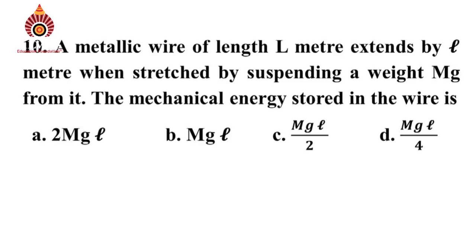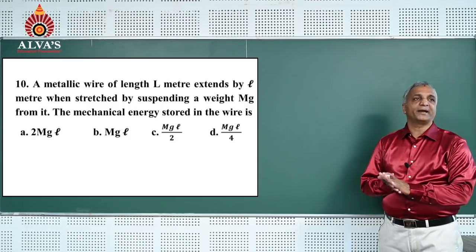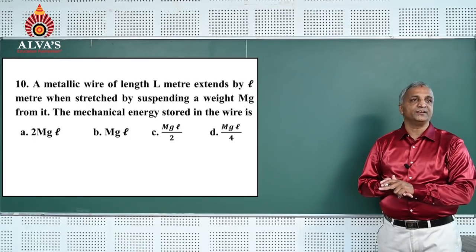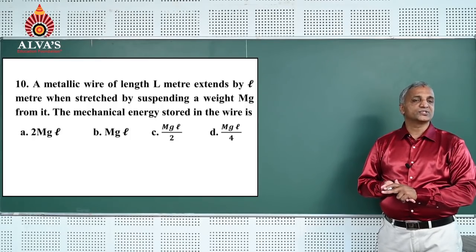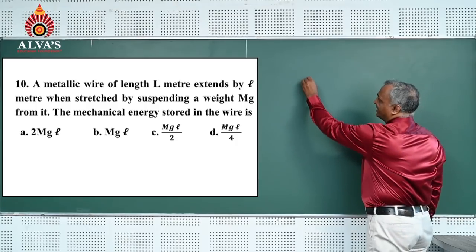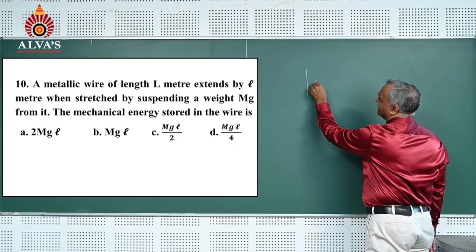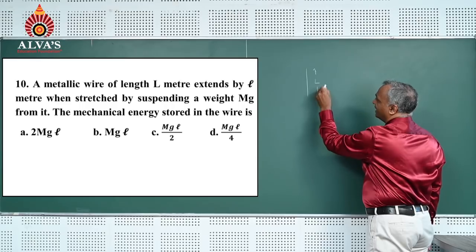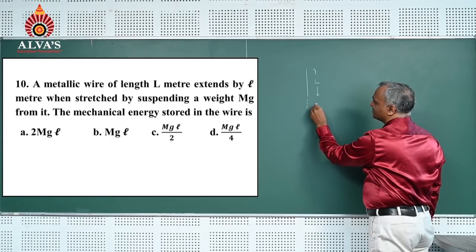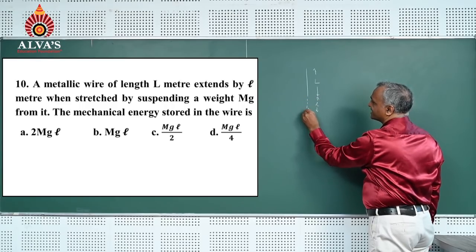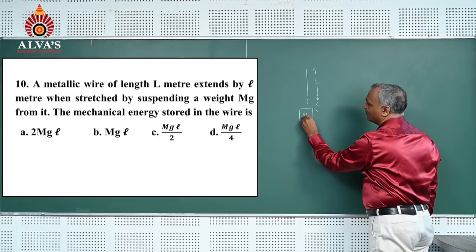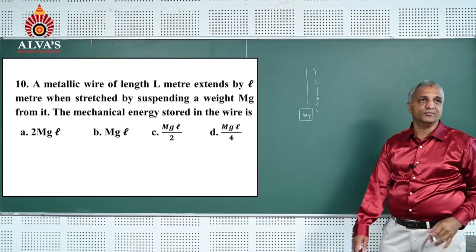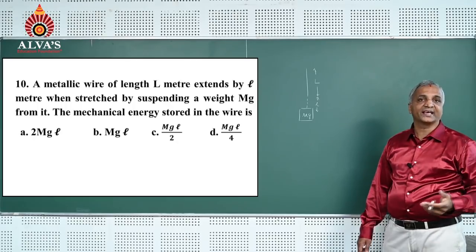Question number 10. A metallic wire of length L extends by small l meter when stretched by suspending a weight mg from it. The mechanical energy stored in the wire is. So initially the length was L, and it is stretched by small l by suspending a weight mg, and what is the mechanical energy stored?